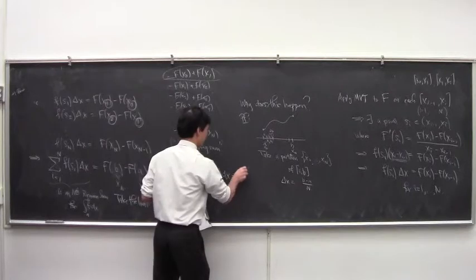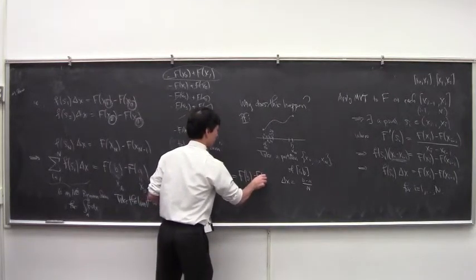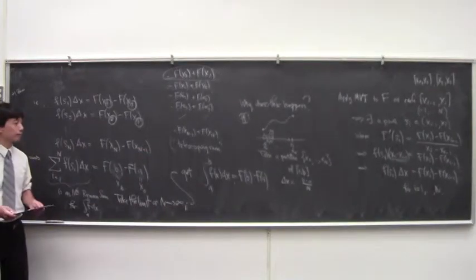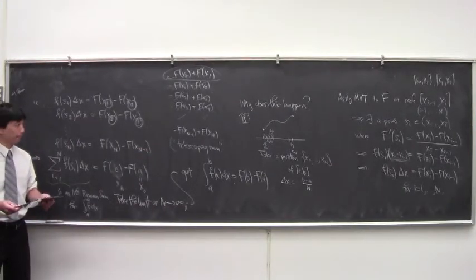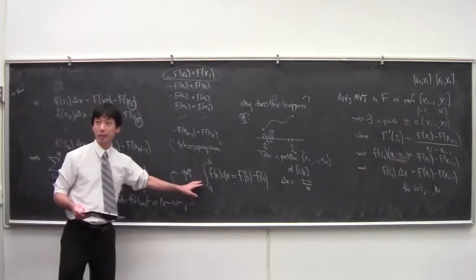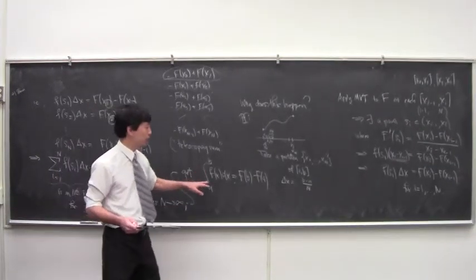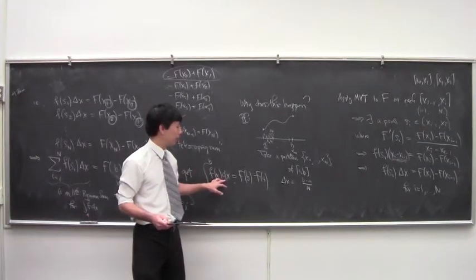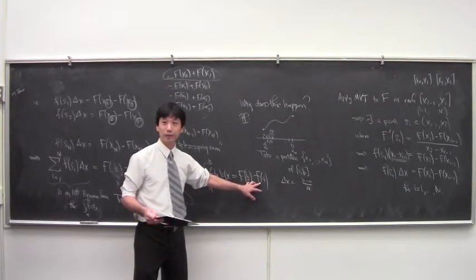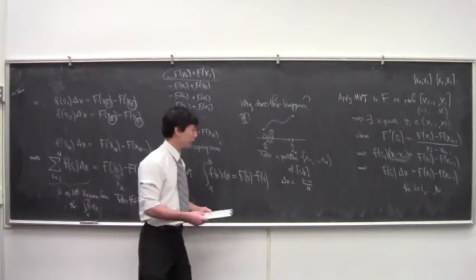And on the right, the right stays still the whole time. And so you get the theorem: the definite integral of this guy, little f, is the difference of any antiderivative at the endpoints.